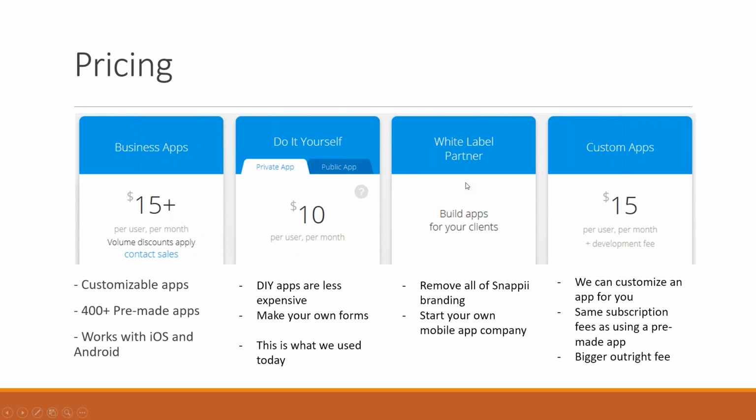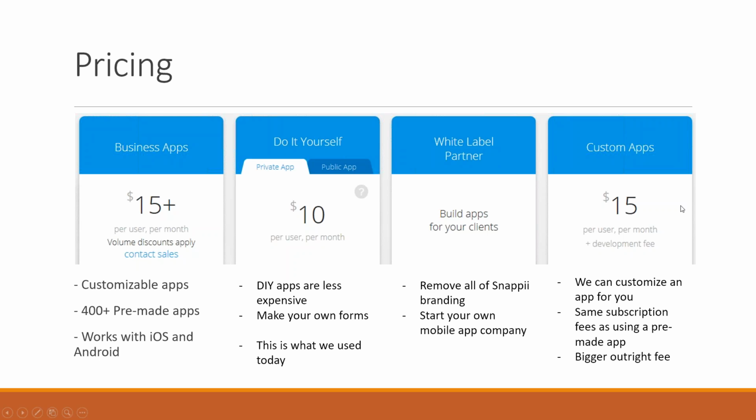The pricing, I'm not sure what it is, to be honest. It changes all the time, so you would have to contact our partner specialist. But it enables you basically to start your own mobile app company in a sense. You can start selling apps, and the Snappy branding will be completely removed from them, so you can put the business's or the client's branding on the app instead.